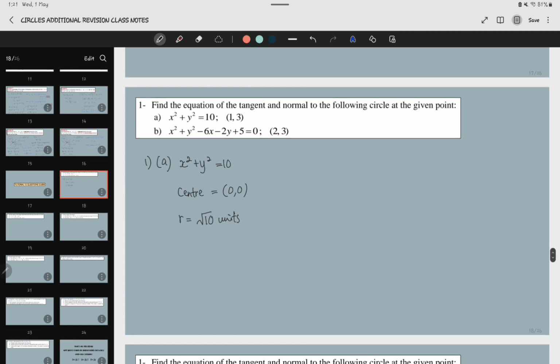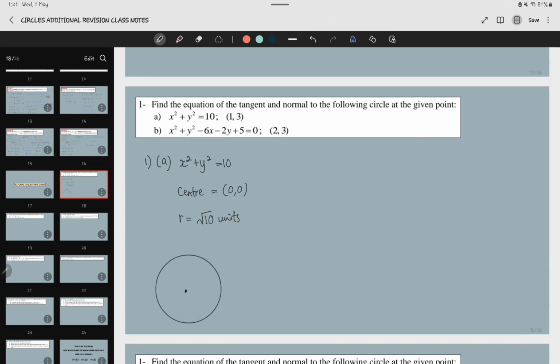Okay, if you cannot imagine, draw the circle. So here is the circle, here is your center, you have your x-axis, y-axis, and then given one point 1, 3 here. Okay, how do we know 1, 3 is on your circle? You have x square plus y square equal 10.